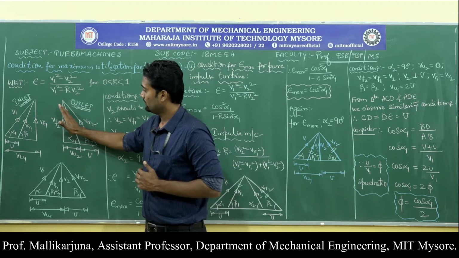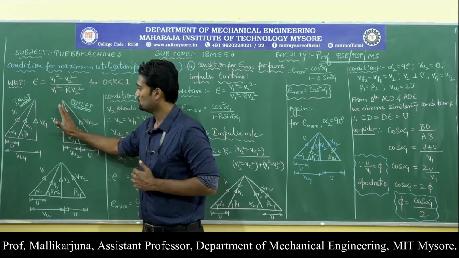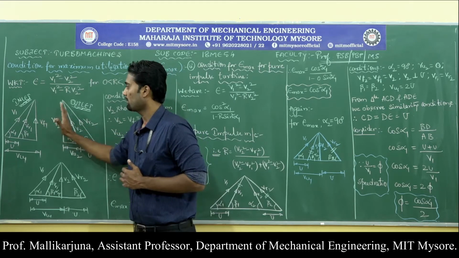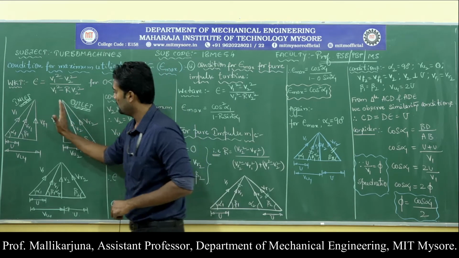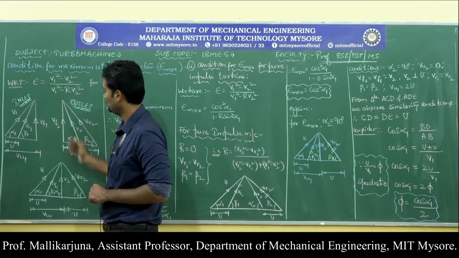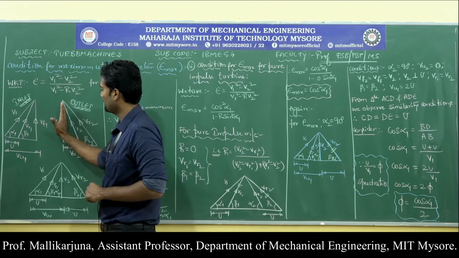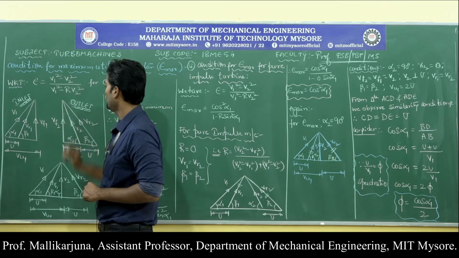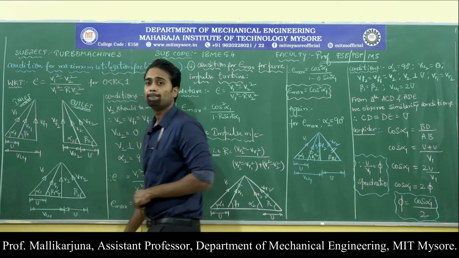If this V2 is moved towards Vf, I mean if I make this V2 perpendicular to the U or Vu2, then V2 becomes minimum.